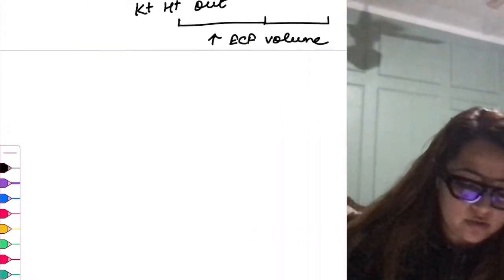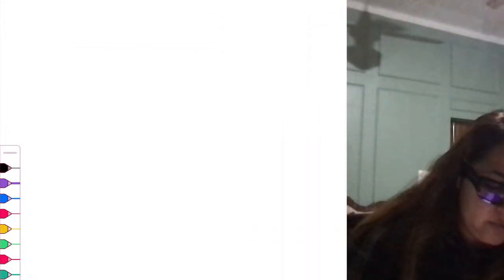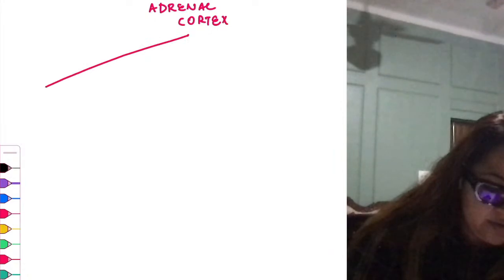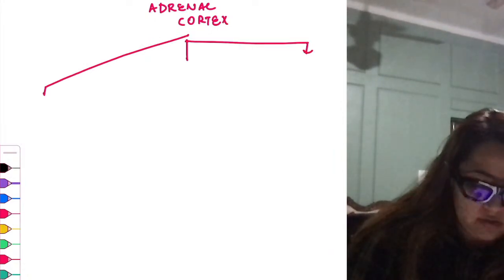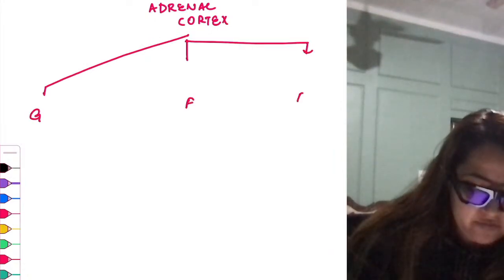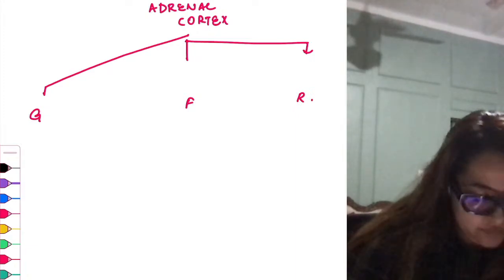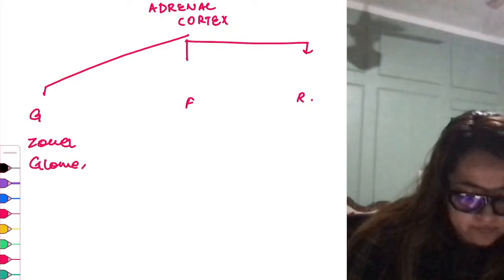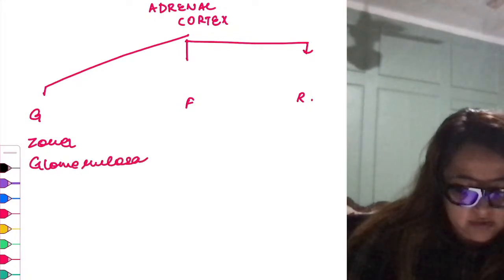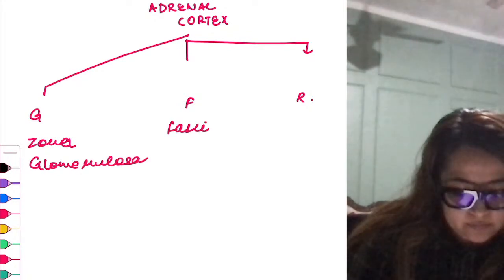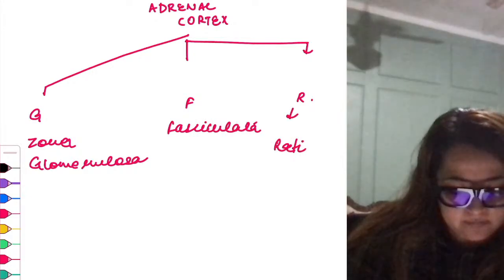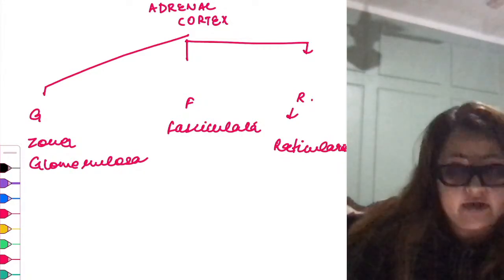In the previous lectures also we had discussed that the adrenal cortex has 3 layers, for which you use the GFR mnemonic. G for zona glomerulosa, then F for zona fasciculata, and R for zona reticularis.